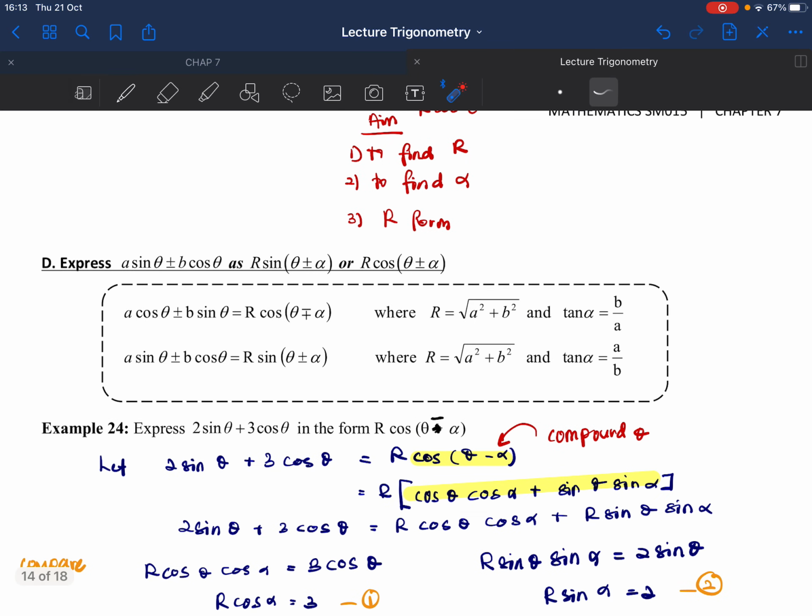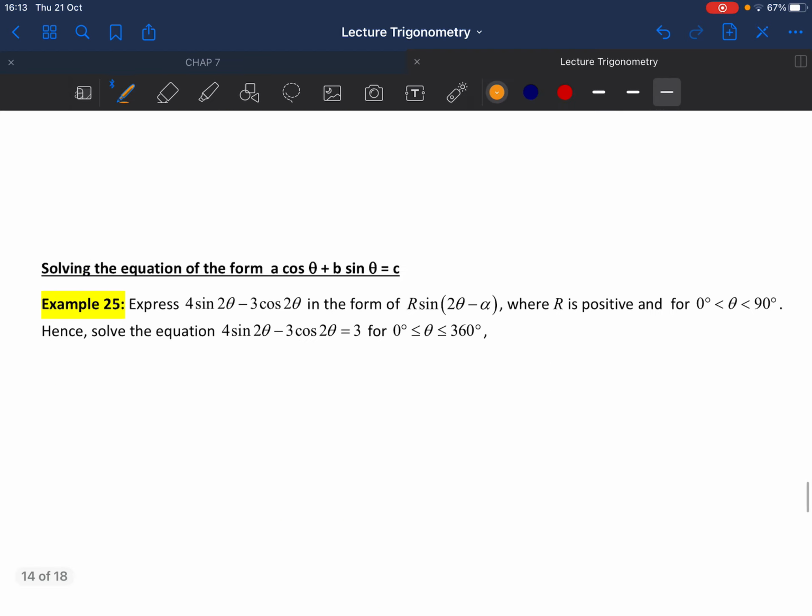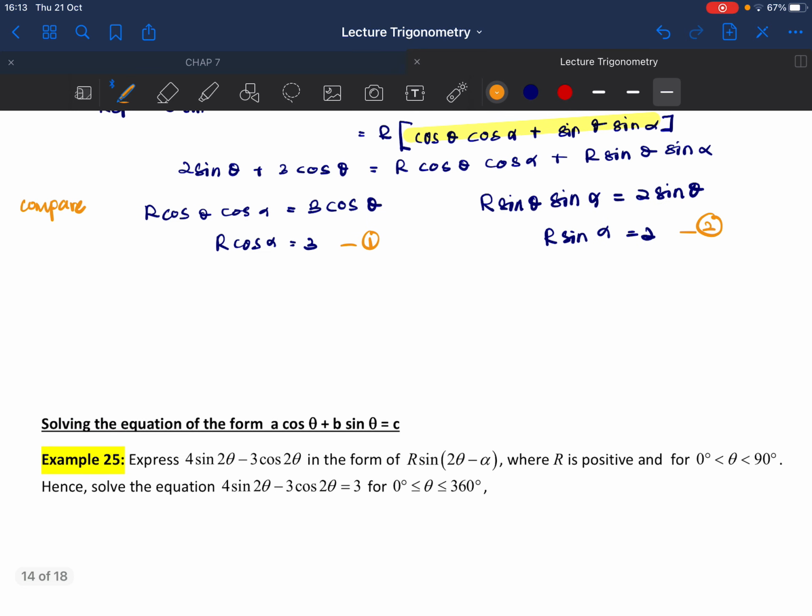The first aim is to find R. So here is how you find R, which is we are going to do 1 square. Basically this is a simultaneous equation lah. So apa yang kita akan buat ialah 1 square plus dengan 2 square. So the first equation kita squarekan, the second equation kita squarekan, kita tambahkan. Okay, it should be looking something like this lah.